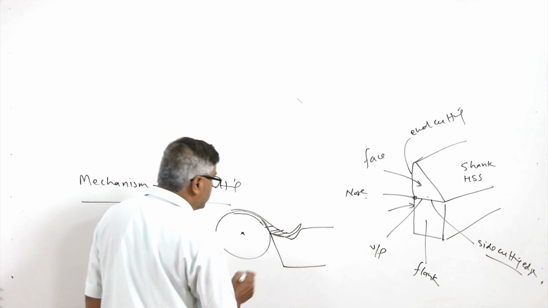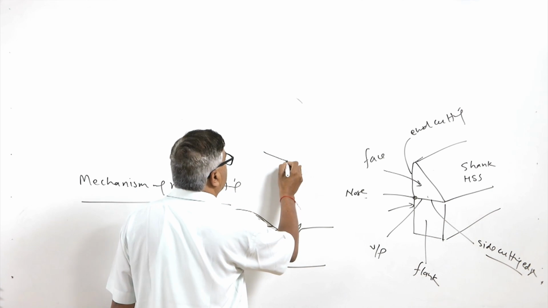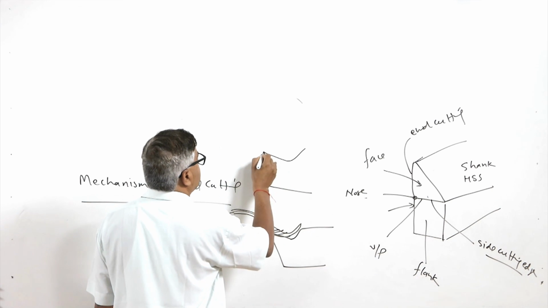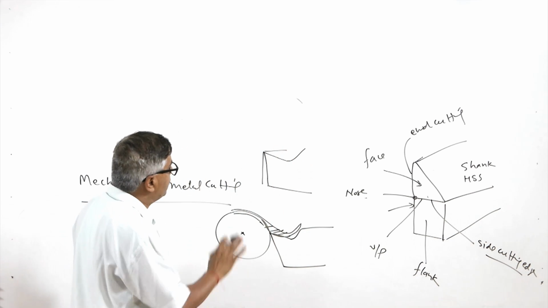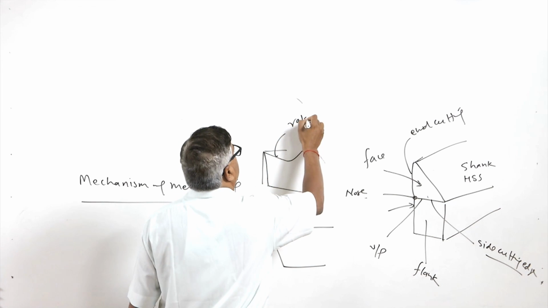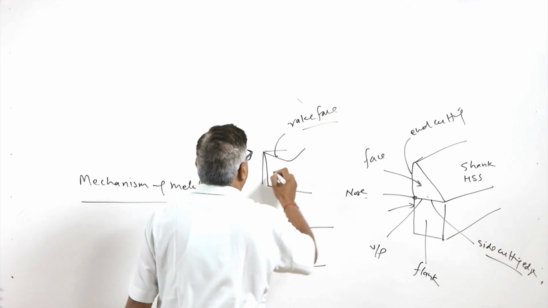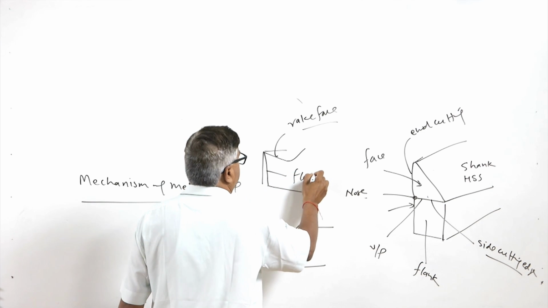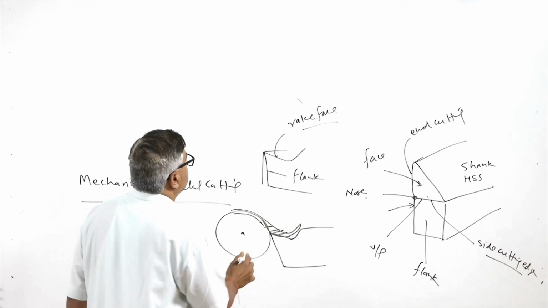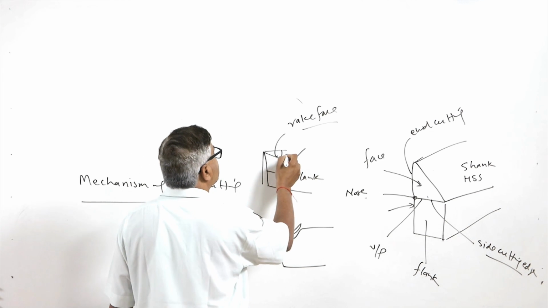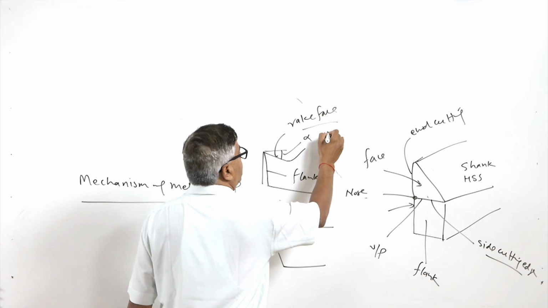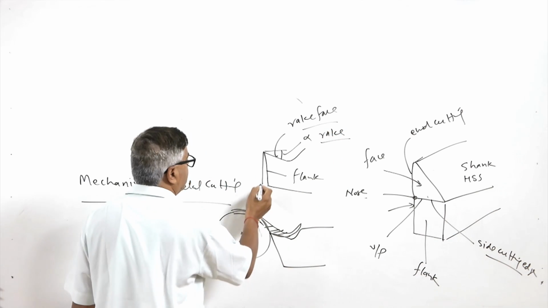So, this is the tool. If we see the top surface, this is the rake face or the face of the tool, and this is the flank of the tool. There are two angles. With respect to the horizontal, the tool face is inclined at a certain angle, normally represented as alpha, called the rake angle.